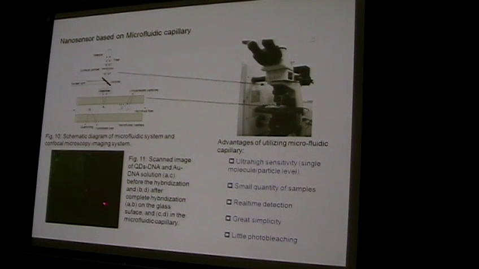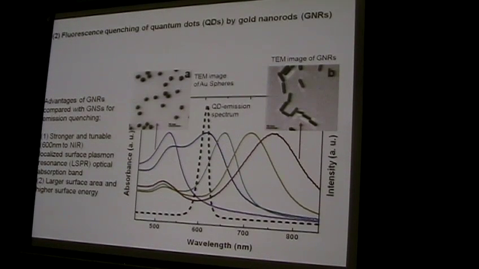And here is the quenching effect when you have these complementary DNA swimming in this channel. You see the quenching effect. The fluorescent quantum dots disappear, while in the original case you see a lot of fluorescent quantum dots. And in this way, you can measure the concentration of DNA of specific sequences.